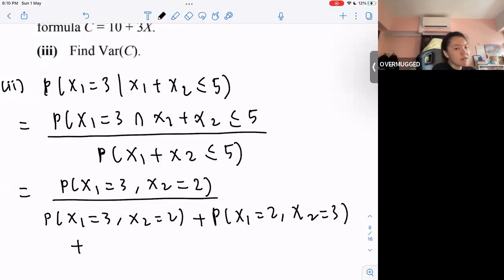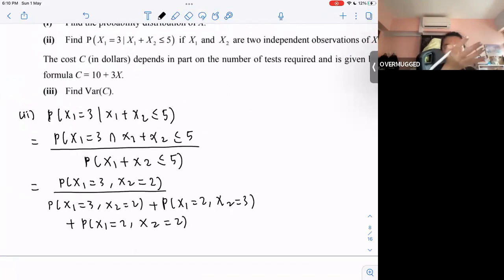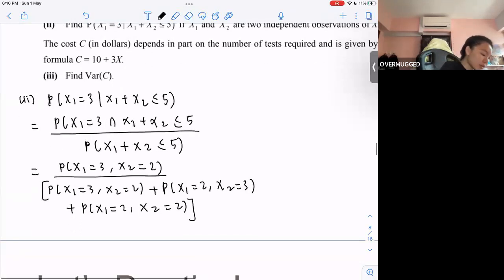Is there anything else? Less than or equal to 5, so it can be 4 also, right? Correct. So it could be probability of x1 being 2 and x2 being 2 as well. If x1 is 2 and x2 is 2, then it's the same thing, so we don't need to double count that. So with that, using this, we'll find our probability.